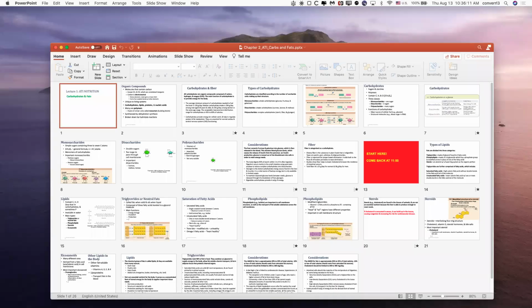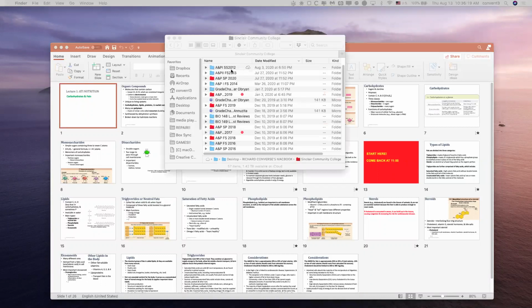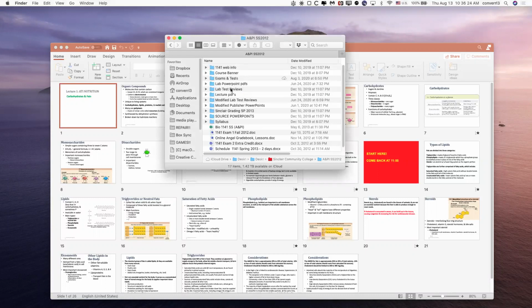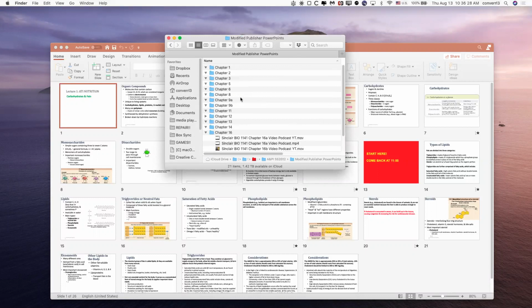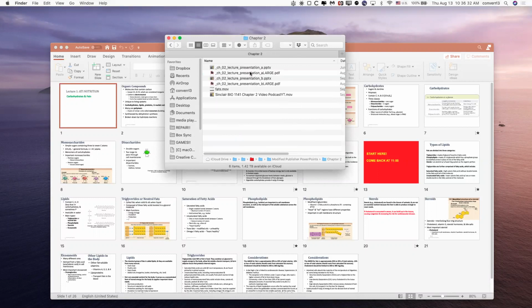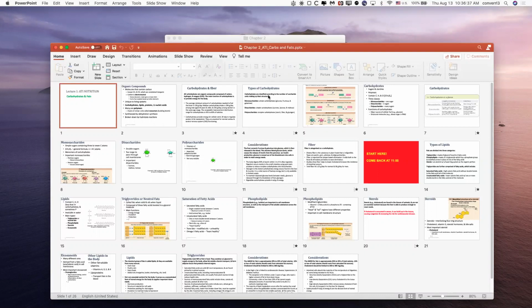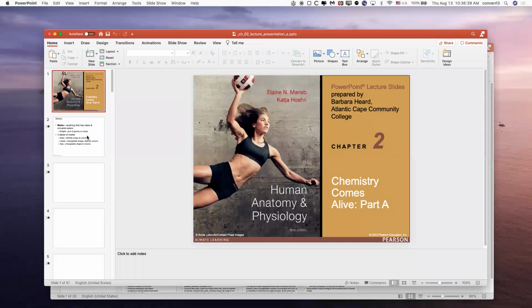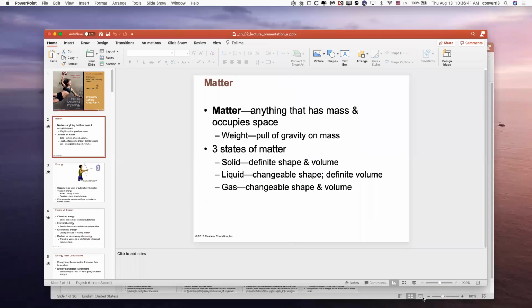So let's just real fast go over to a little discussion of chemistry, and this will help you sort of get a grip on this. Okay.